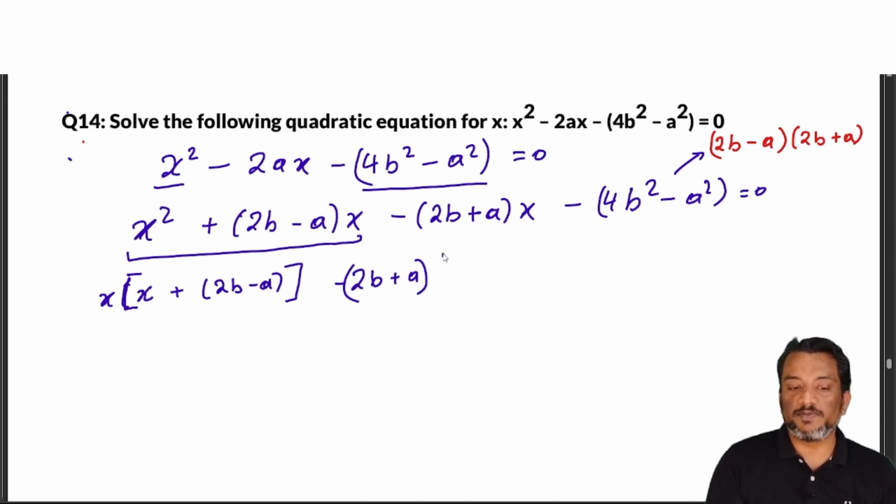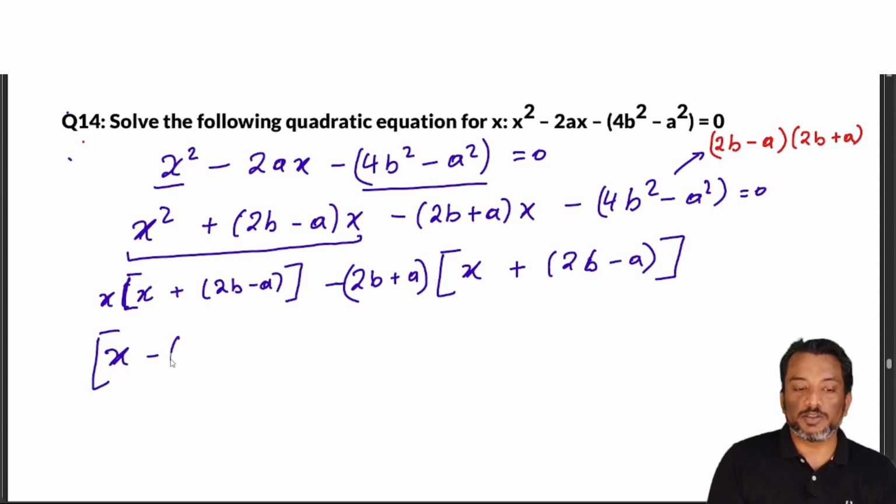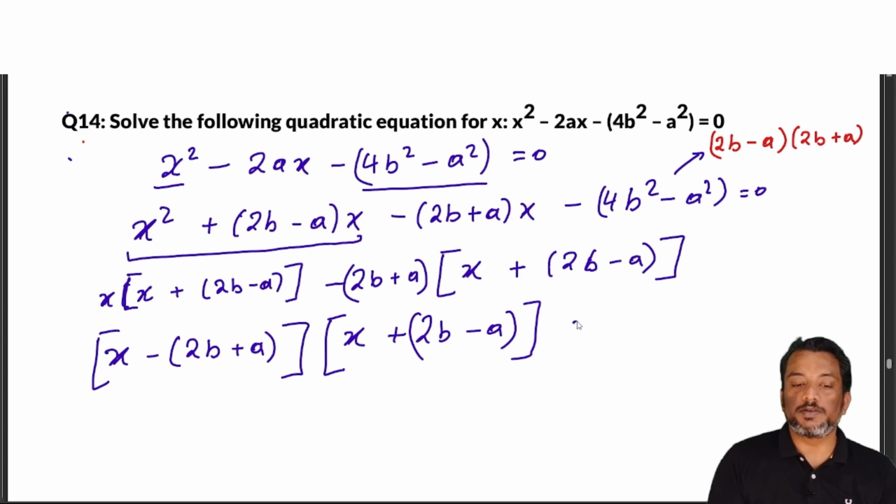So how much will be left inside? You will be left with x plus 2b minus a. Okay, now you can write x minus (2b plus a) in one bracket, and in the same way x plus 2b minus a in the other bracket, is equal to 0.